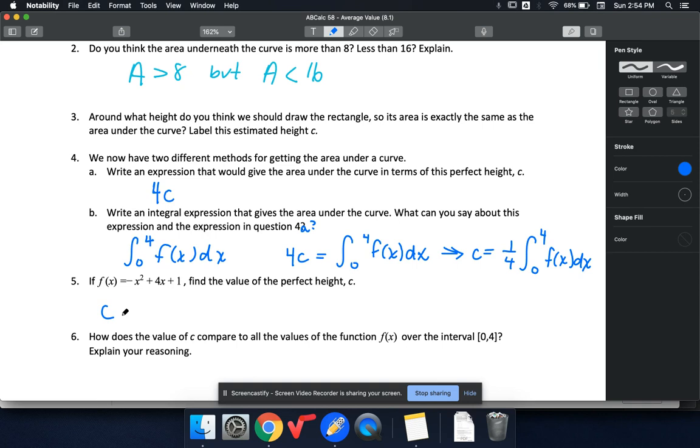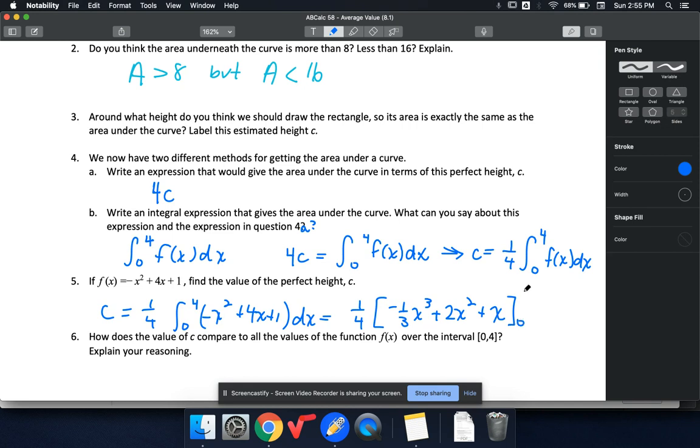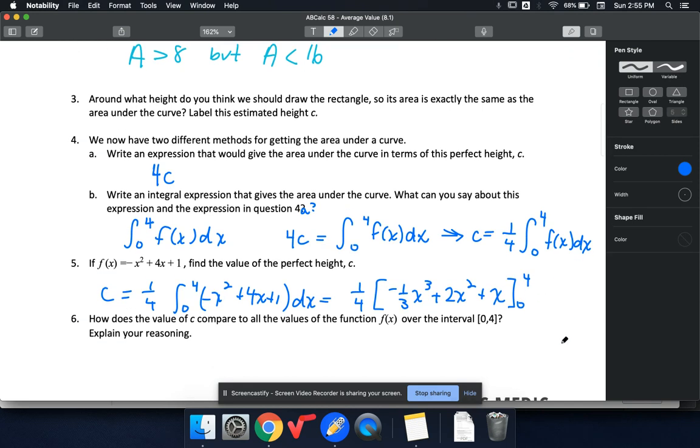c is 1/4 times the integral from 0 to 4 of negative x squared plus 4x plus 1 dx. So 1/4, and then I'm going to evaluate negative 1/3 x cubed plus 2x squared plus x. I don't need the plus c because it's a definite integral being evaluated from 0 to 4.